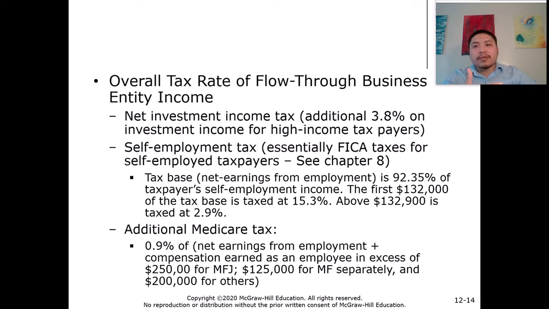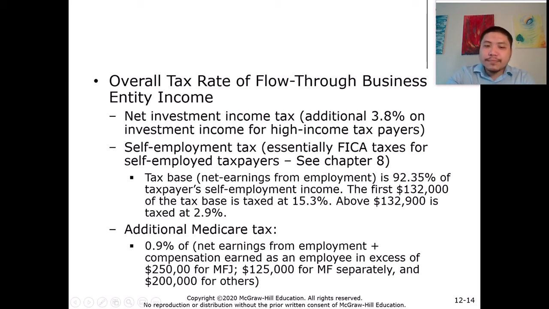That adds up to 7.65% of FICA tax for each portion, so 7.65% for the employee and 7.65% for the employer. For self-employed taxpayers, they have to cover both, so that brings it up to 15.3%.